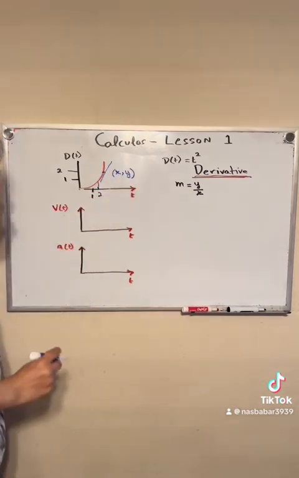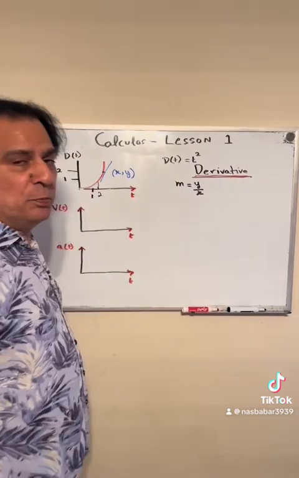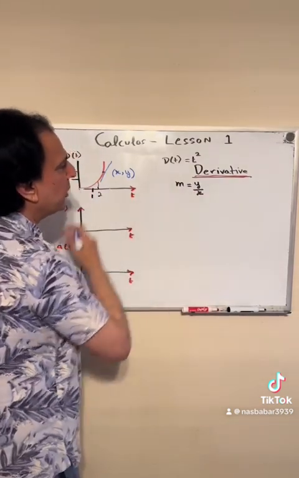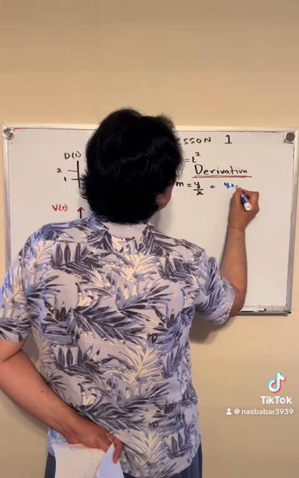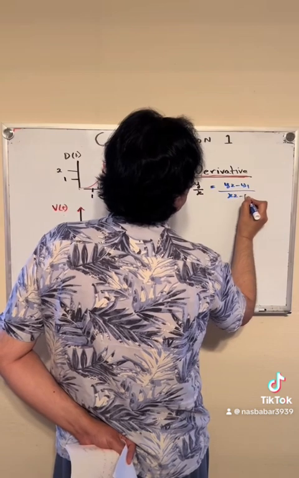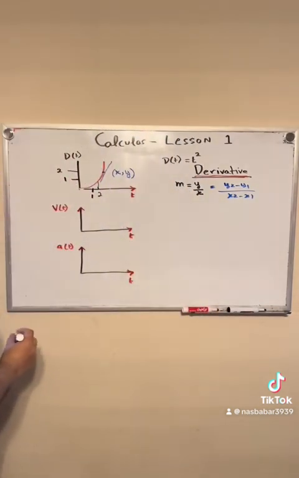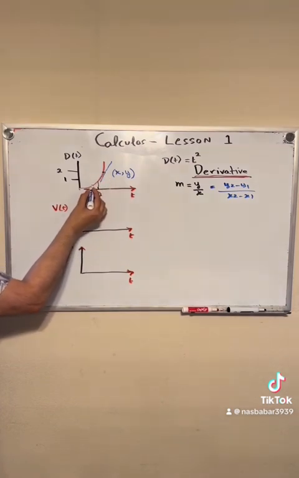If you recall from my previous algebra lecture, what is slope? Slope m is equal to y over x, or essentially y2 minus y1 over x2 minus x1. So this slope is going to be different at different positions on this curve.